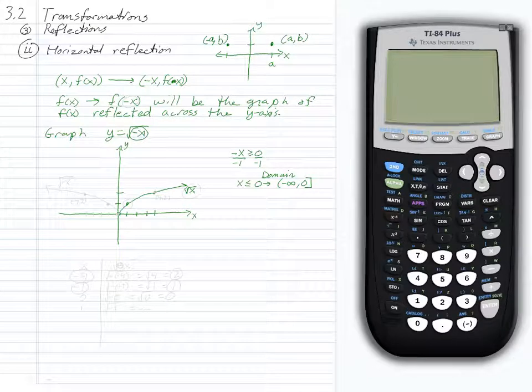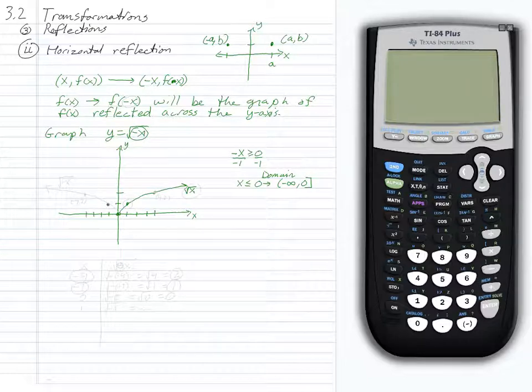And that is exactly what we would achieve if we reflect this graph. So if I reflect the point (0, 0) across the y-axis, well, it's on the y-axis, so it's not going to go anywhere. But for the point (1, 1), the x-coordinate is going to flip, and we'll get the point (negative 1, 1).